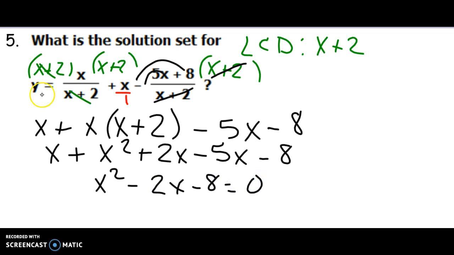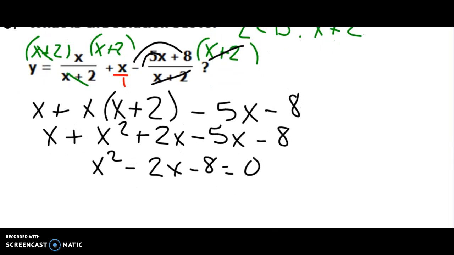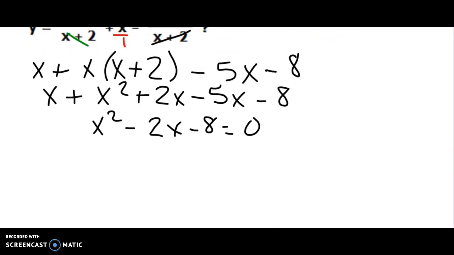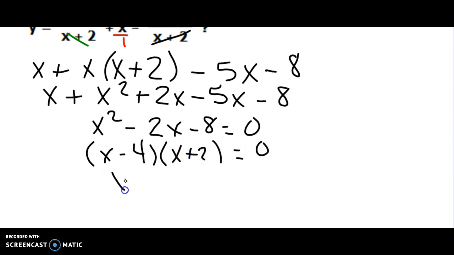We're going to set that equal to 0. It's set equal to y here, so we're solving for y. So we're setting it equal to 0. What can we multiply together to get 8 that when we subtract those same two numbers, we get a negative 2? x minus 4, x plus 2. Set each one of these equal to 0. So you get x equals 4, and x is equal to a negative 2.